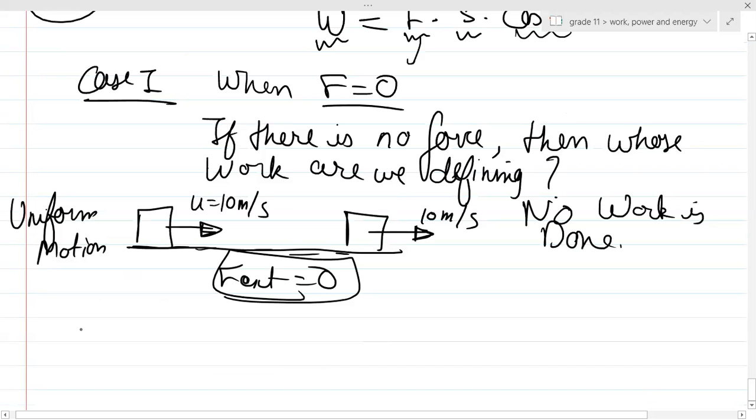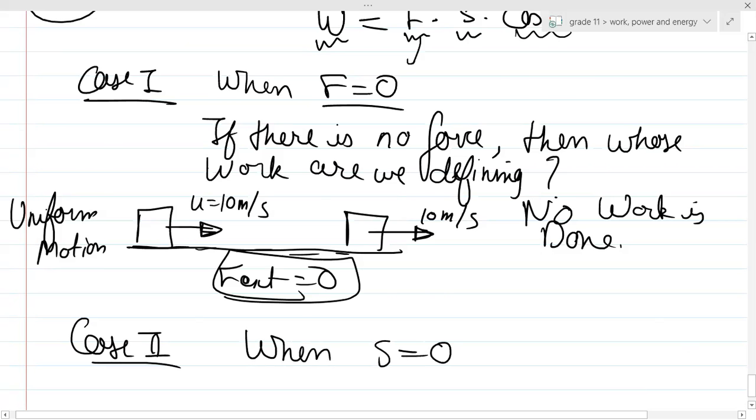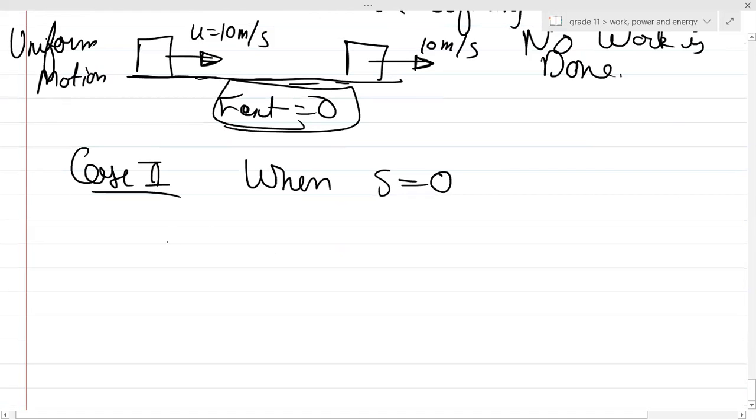Is this clear? Case 2 is very interesting: when the displacement is zero. Where can you move the object if displacement is zero? Your initial position and last position are the same. Exactly.